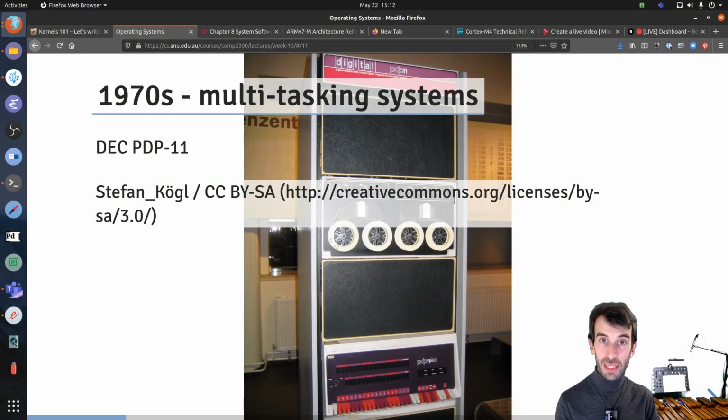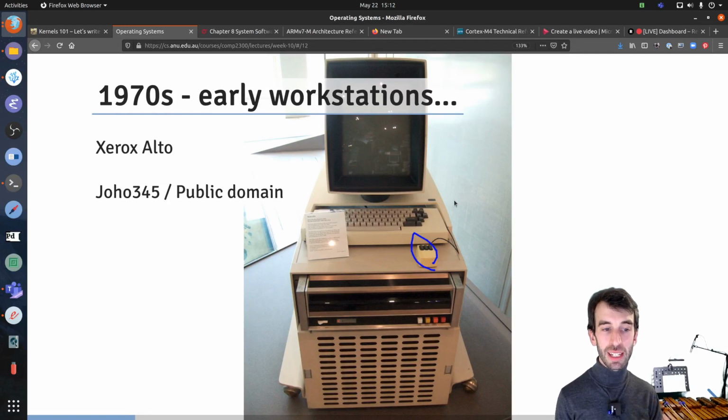Then as computers started to get smaller, there were operating systems that let multiple people operate on one computer at once, so they'd be multitasking. And that sort of came about in the 70s.